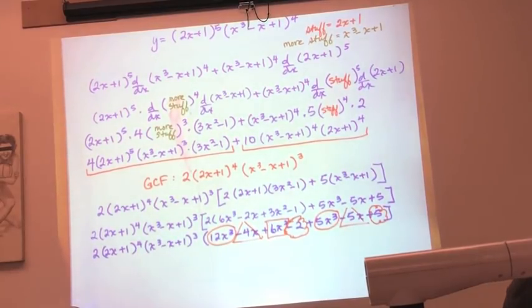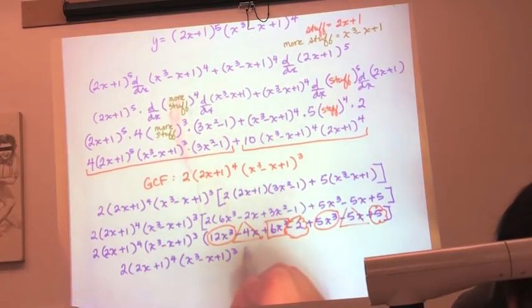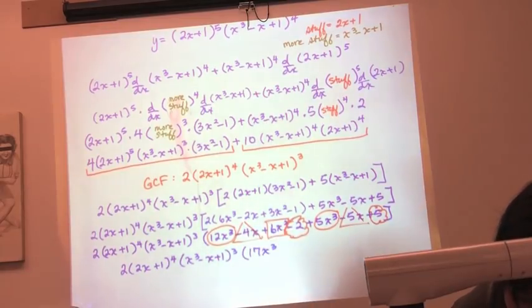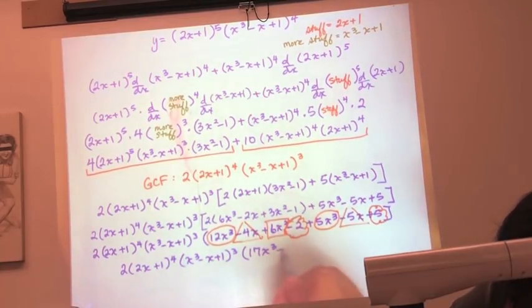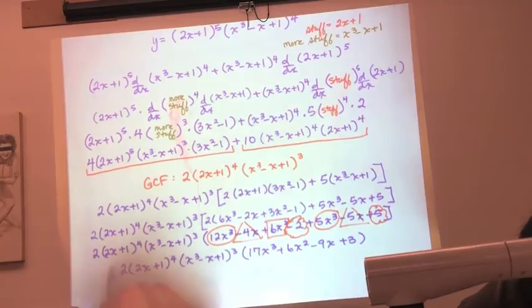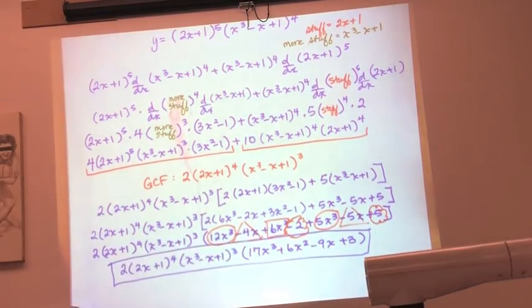So I get 2 times 2x plus 1 to the 4th power, x cubed minus x plus 1 to the 3rd power, and then I have 17x cubed, right, plus 6x squared minus 9x plus 3. And now I am finally done. Okay.